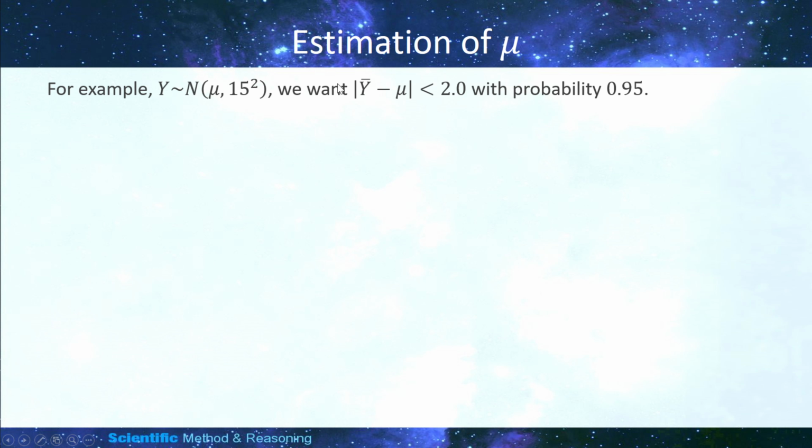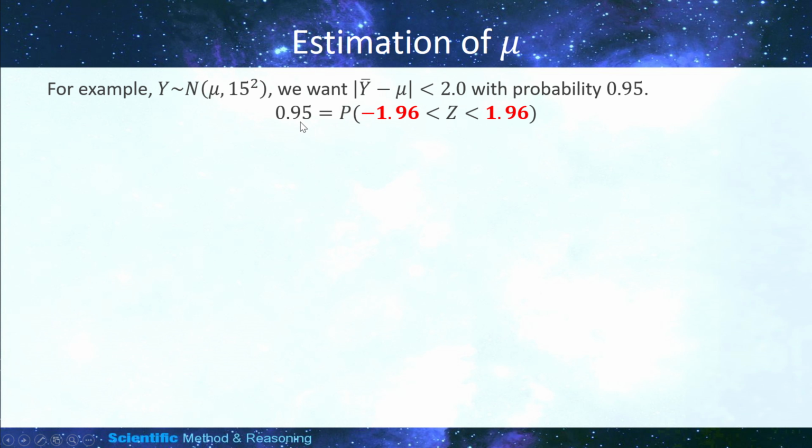We would like to control the maximum error to be within 2 units with a high probability content. We can never guarantee 100% that the error will be within 2 units. That is not possible. So we can only control the maximum error to fall below 2 with a high probability content.